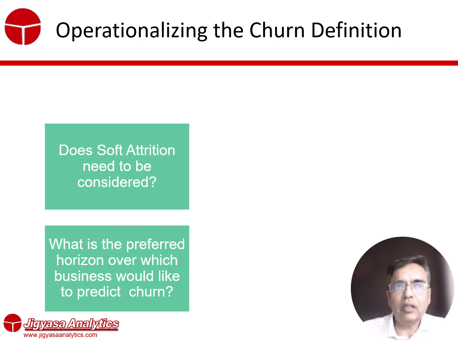But it is something you need to consider and bake into your definition. So when you do the actual model and you define these churn variables, whether it will be likelihood to churn over the next week, or the next month, or the next quarter, it has to be well defined.